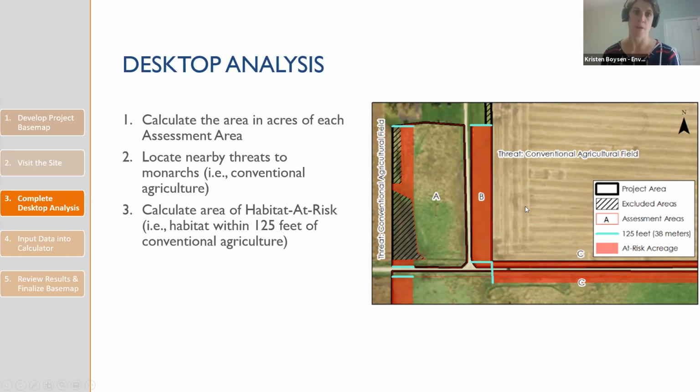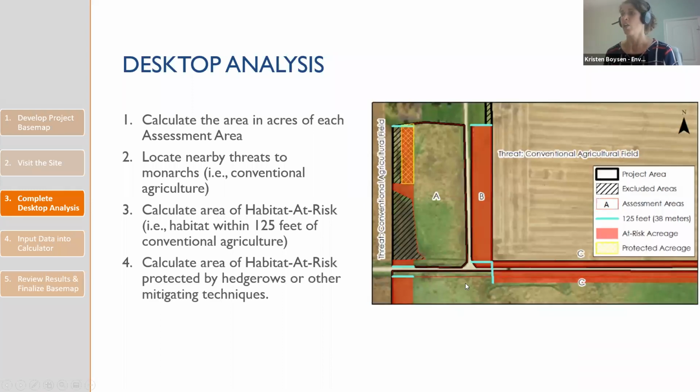But then there are mitigating factors that you can consider, like hedgerows. Hedgerows work really well to keep pesticides out of pollinator habitat. So then you calculate the area of that at-risk area that is protected by things like hedgerows. So it turns out this area in A has a hedgerow next to it, so it's actually protected.